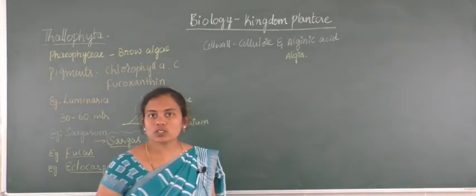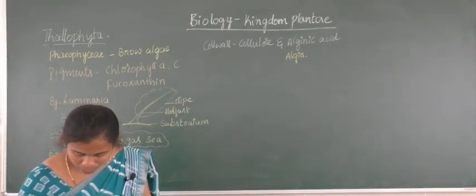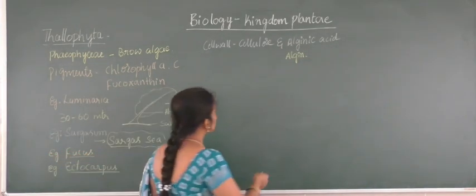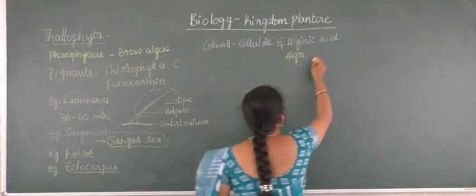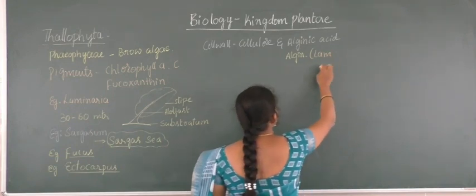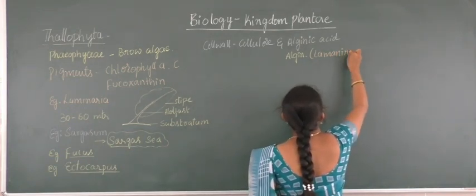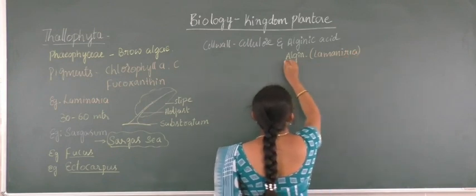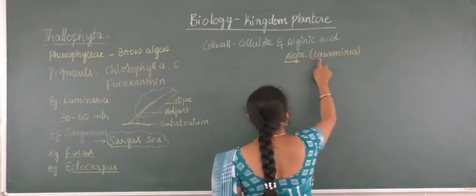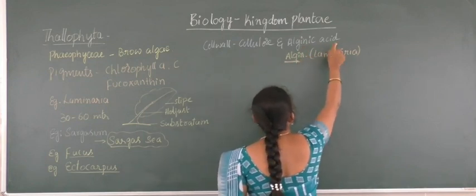It is extracted from Laminaria. This is having a very important economic importance. Algin product is extracted from Laminaria, and its chemical nature will be alginic acid.